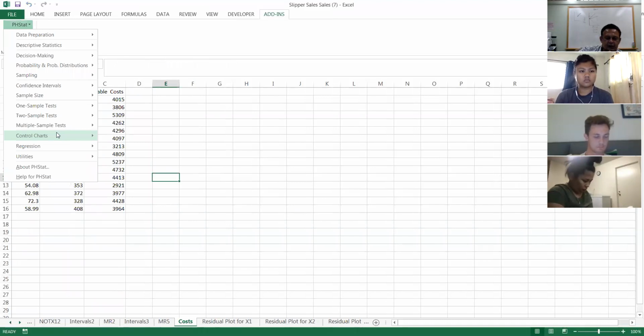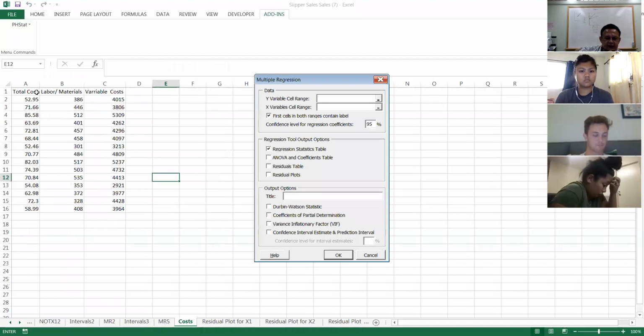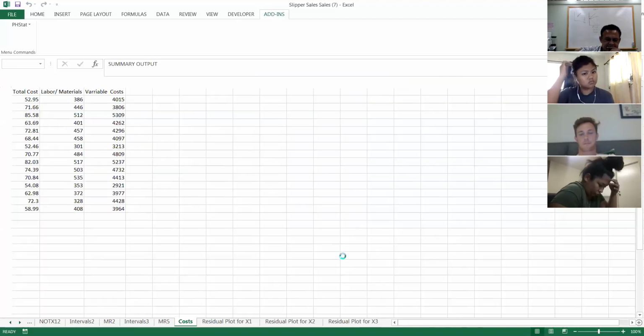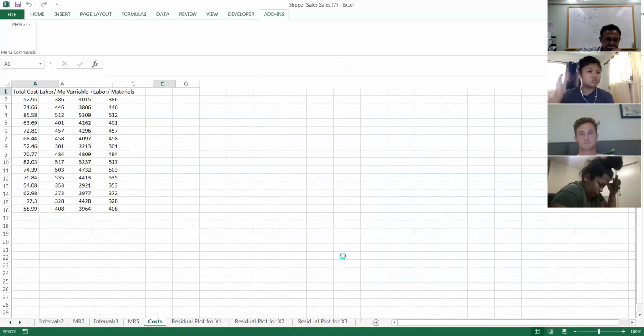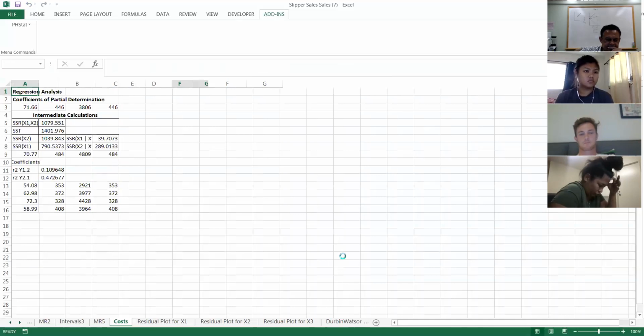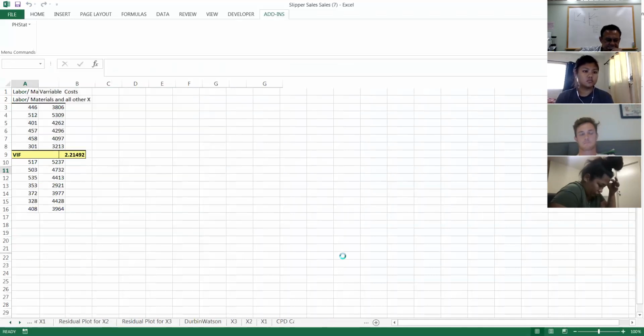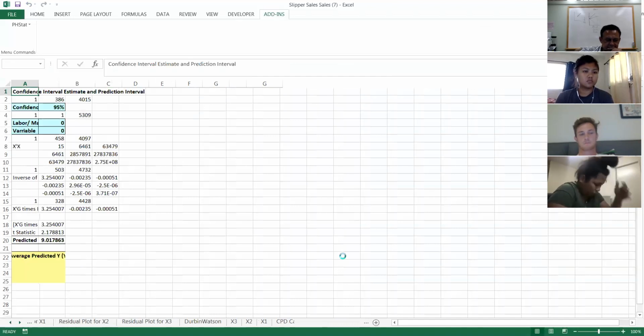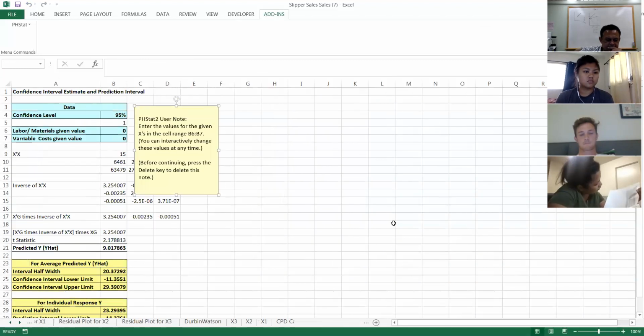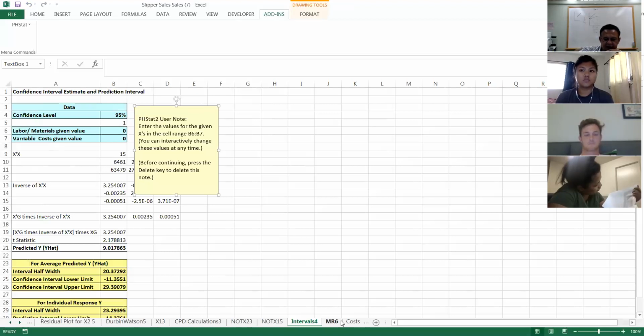Multiple regression, total cost. So now let's take a look at our costs.